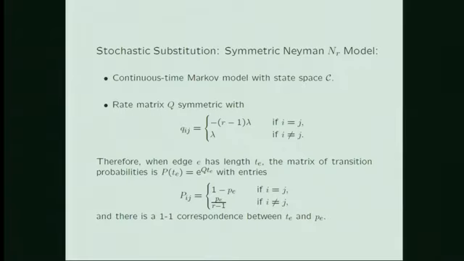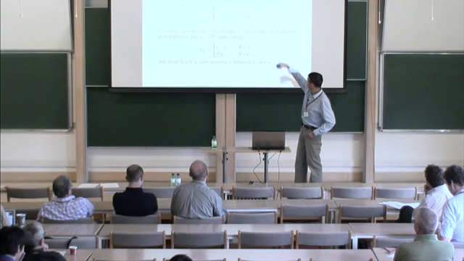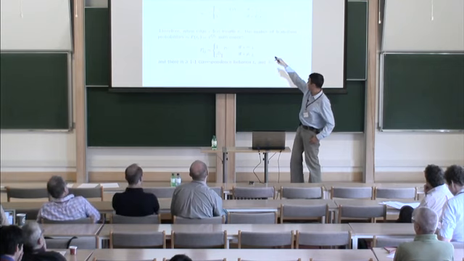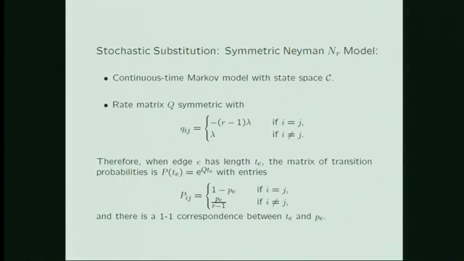You assume that mutating from state i to state j happens at a rate lambda, which is fixed for all i, j. And so that means that if you're in state i, you lose probability mass, if you will, at the rate minus (r minus 1) lambda. So it's a Poisson process that runs at this rate.